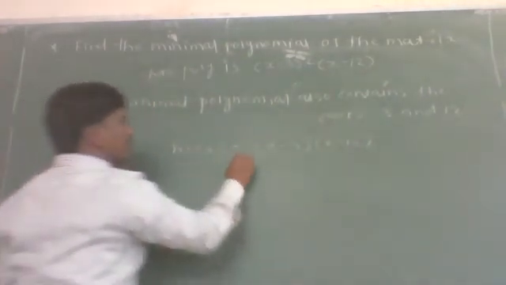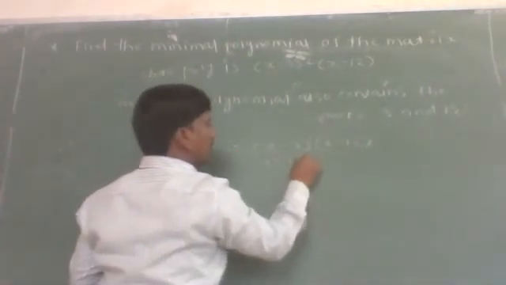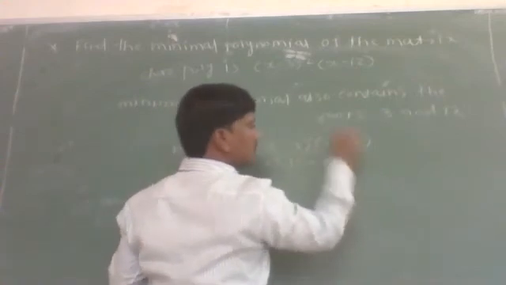So f(x) is nothing but x square minus 15x plus 36.